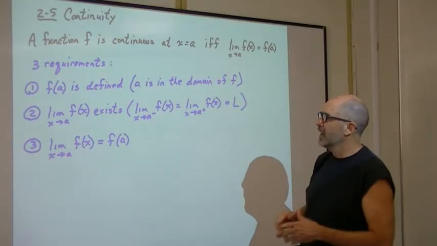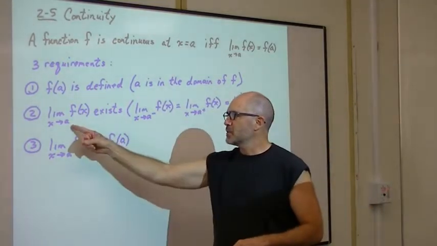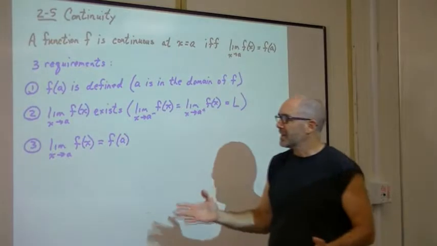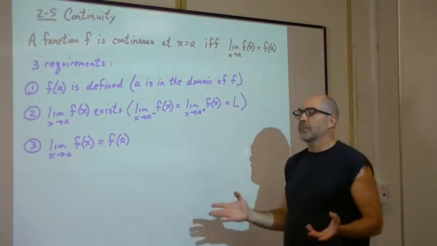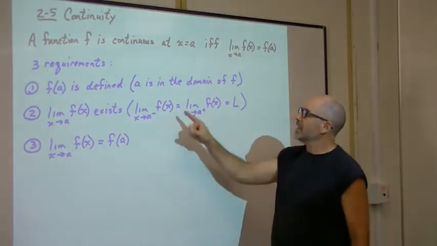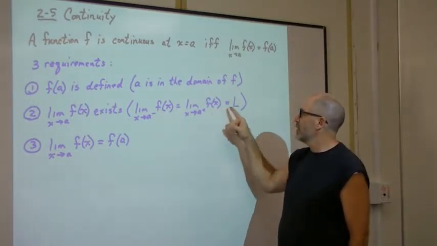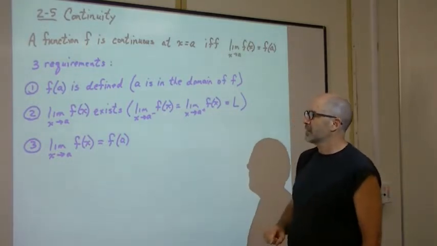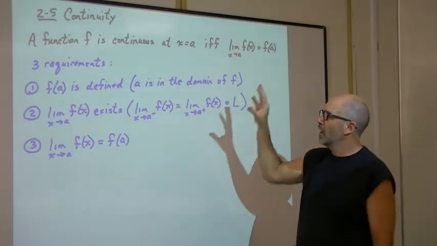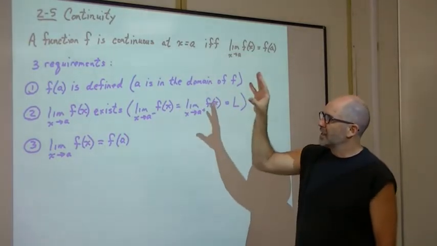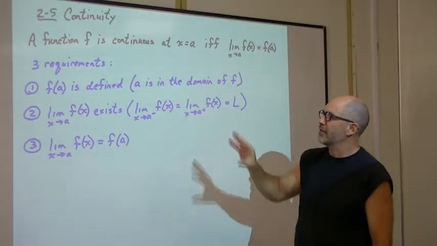Okay, cruising onward. Next thing, the limit as x approaches a of f of x must exist. Well, what do we mean the limit must exist? That means the left-hand limit must equal the right-hand limit for that limit to exist. Okay, so a has to be in the domain of f.